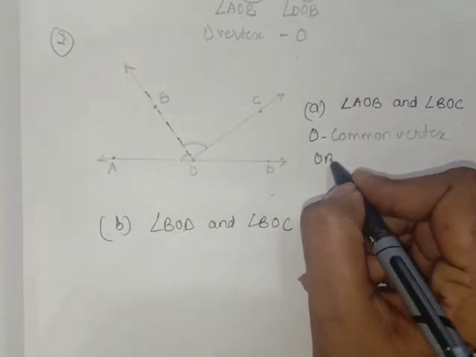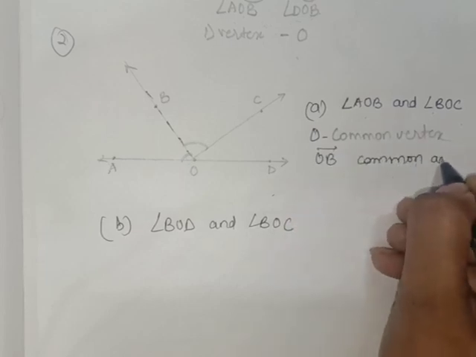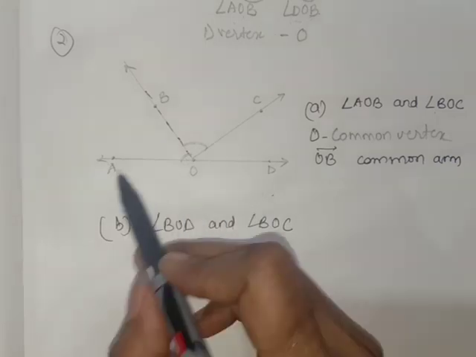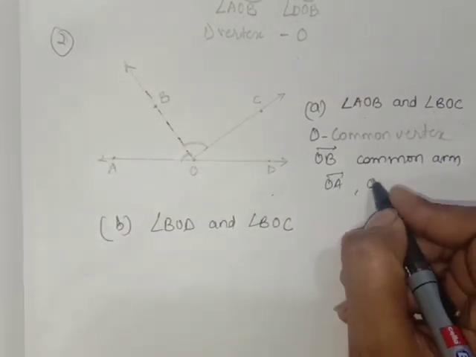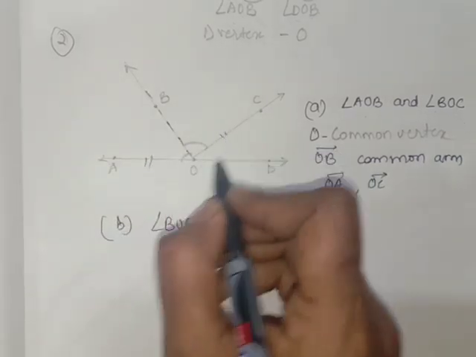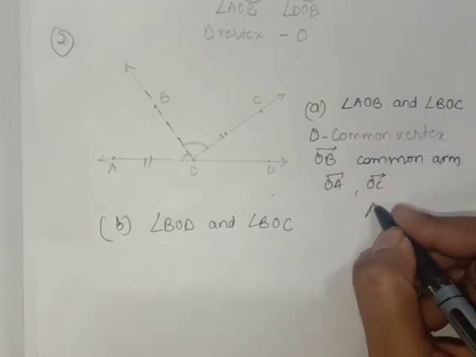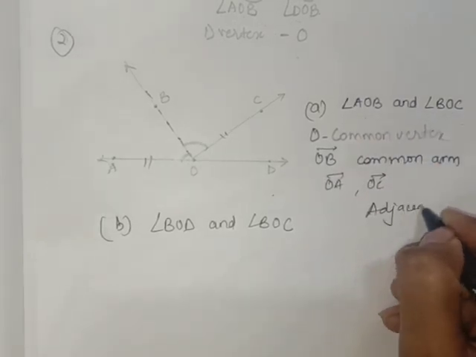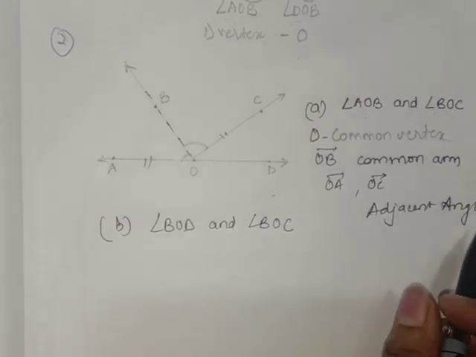OB is the common arm, and next, ray OA and ray OC are the non-common arms that lie on either side of OB. So these both are adjacent angles. So our answer is verified.